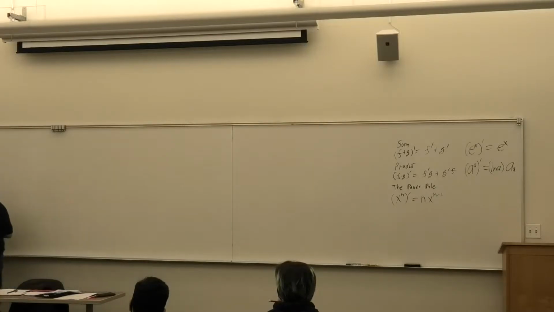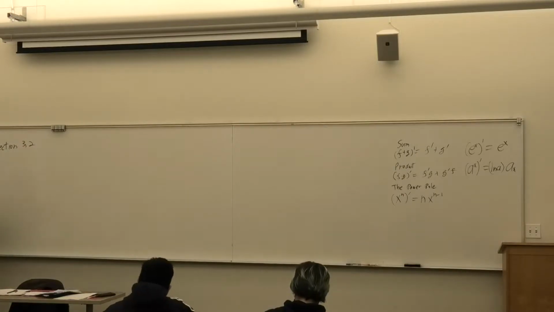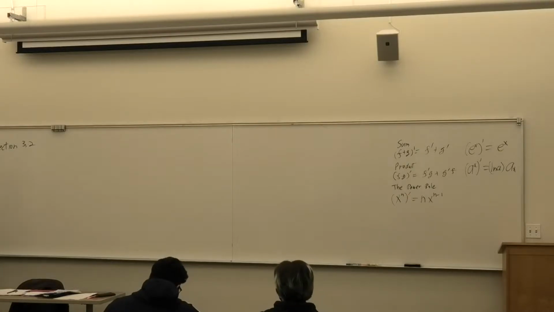Okay, so this is going to be section 3.2, and we're going to be adding to that list of known derivatives and rules. The first rule we're going to add is the reciprocal rule.